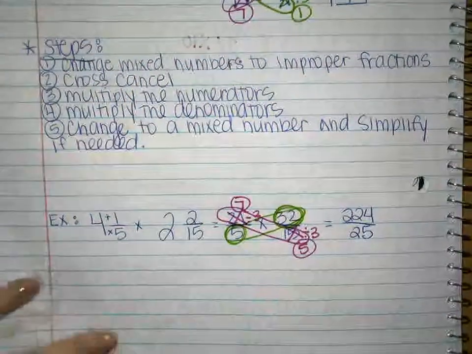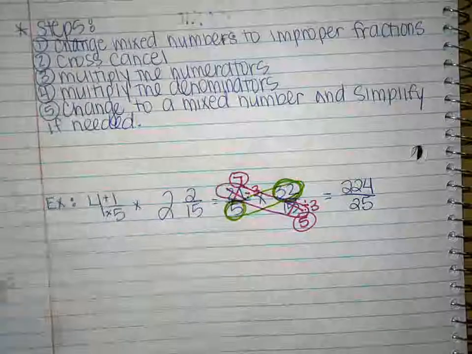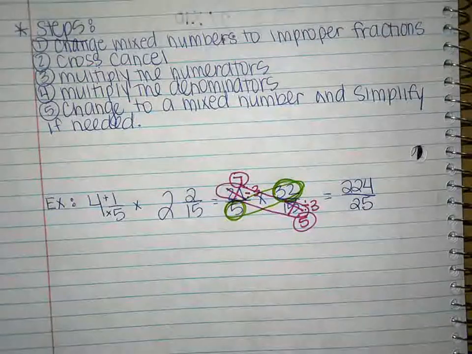So everyone needs to take 224/25 and change that back into a mixed number.